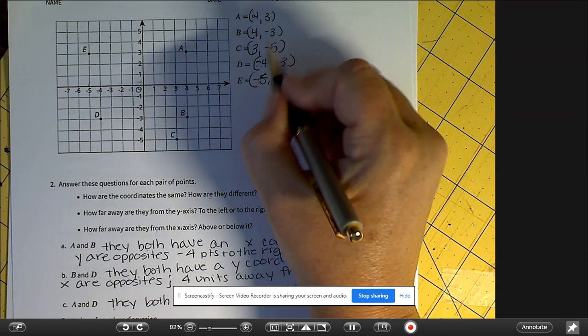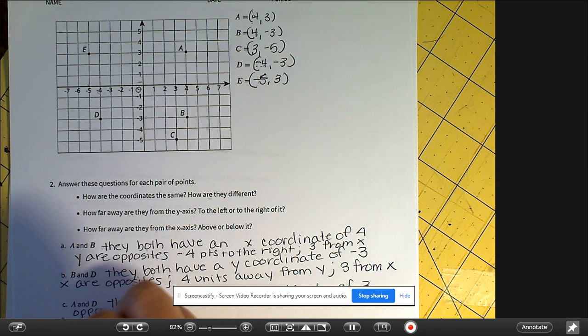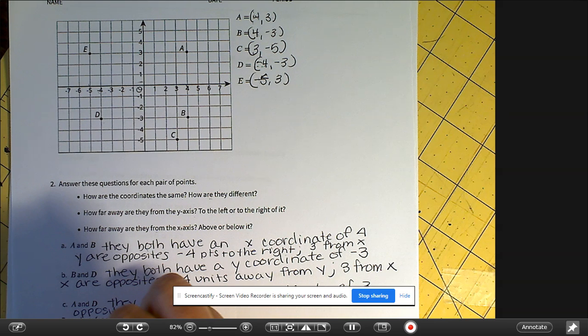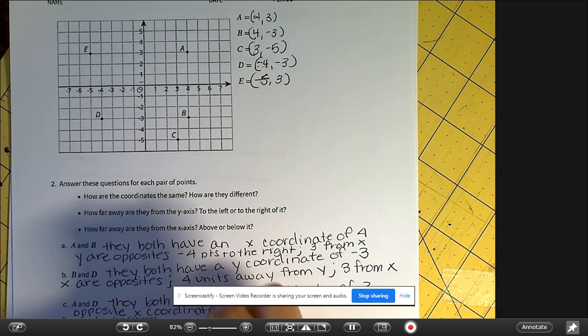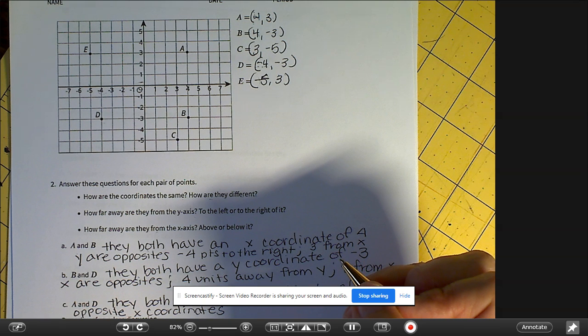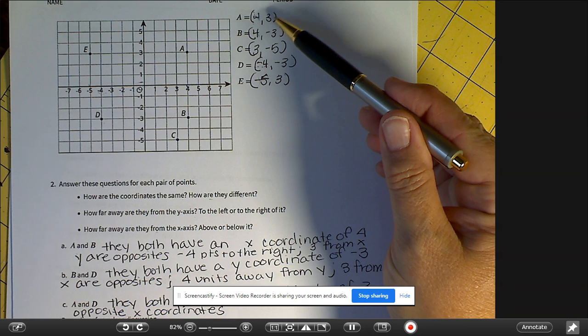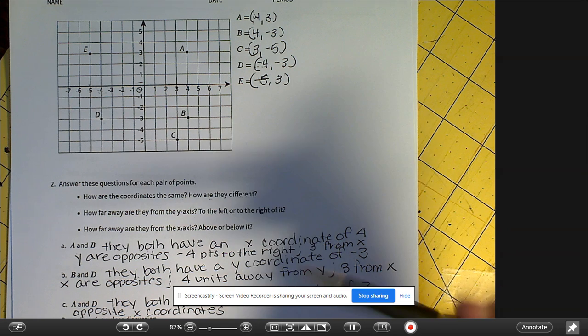All right, so 4 and negative 4, they have opposite x coordinates.